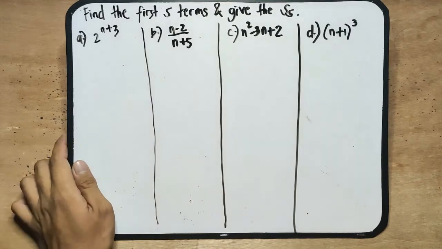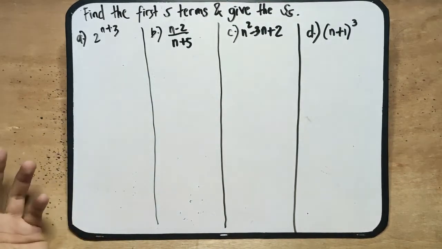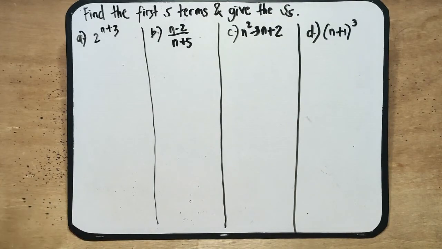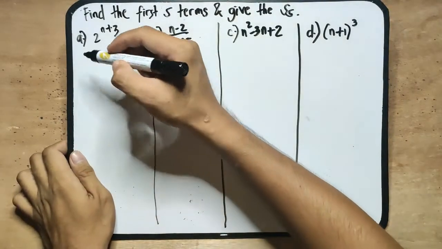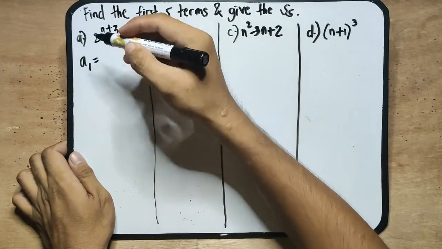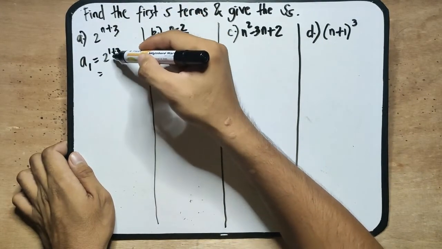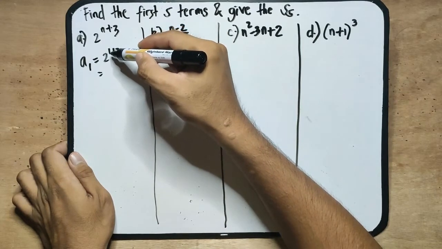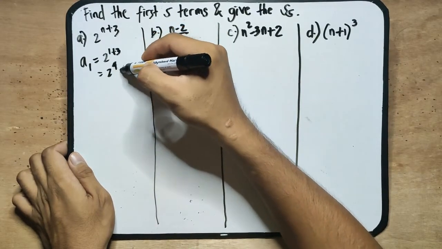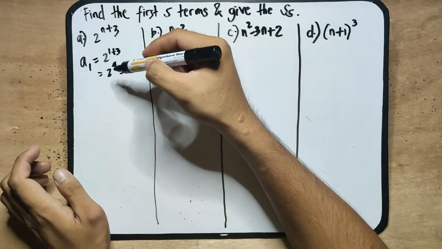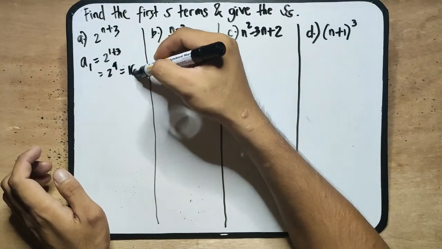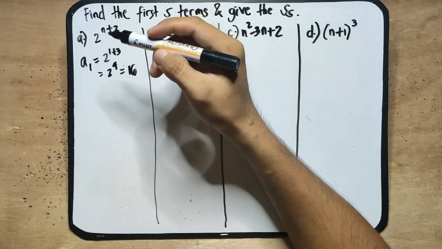So how to identify the first or the terms of a sequence? We use natural numbers. So we have a sub 1 is equal to 2 raised to 1 plus 3. That will be 2 raised to 4, which is 16. So the first term is 16.